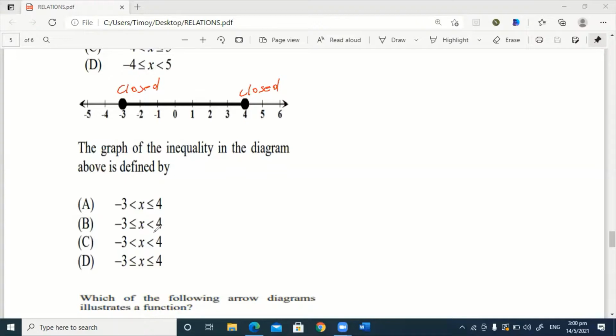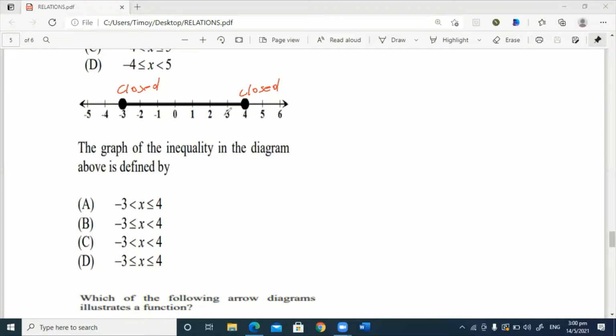All right. So as you can see, the numbers -2, -1, 0, 1, 2, 3 are all greater than -3. But you can see that -3 is also equal to -3.